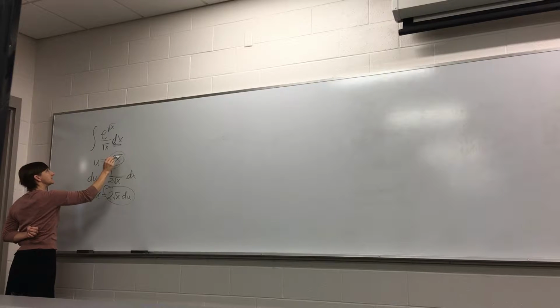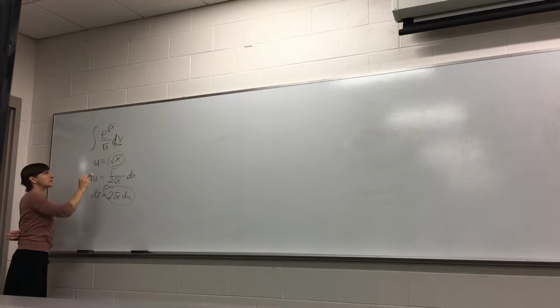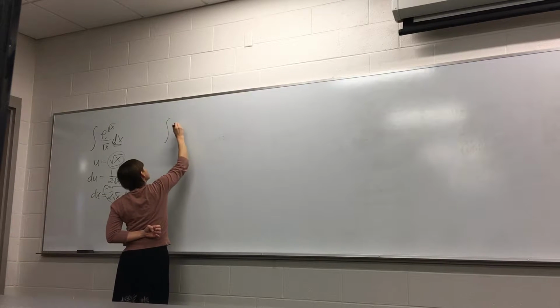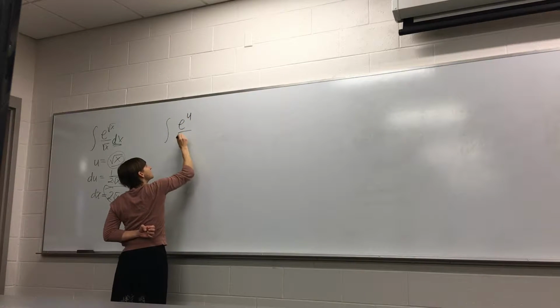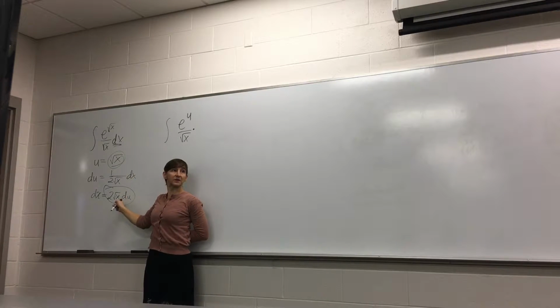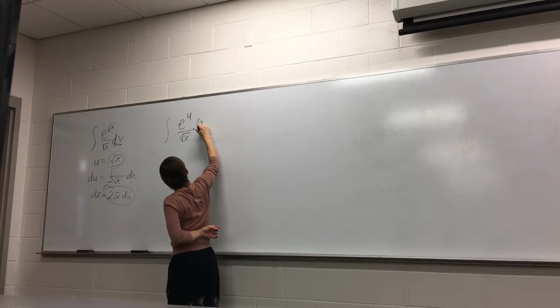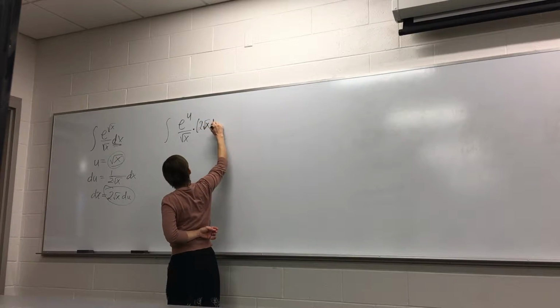If you put a u in this position, you might have gotten stuck. So we've got e to the u over square root of x times, and instead of dx, I'm going to write 2 square root x du.